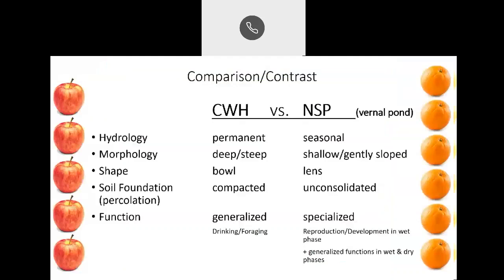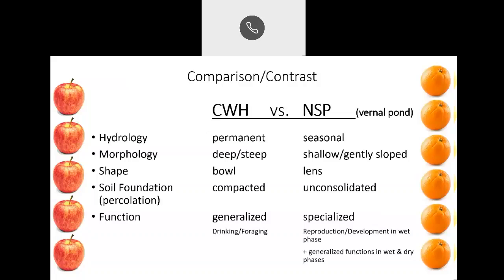Next. All right, so if you're at the slide with the apples and the oranges, this was really, in addition to providing the agency with the basic information to be able to manage their resources, a personal objective of mine, to clearly communicate the differences between these artificial versus natural wetlands in the defense of my beloved vernal pools.